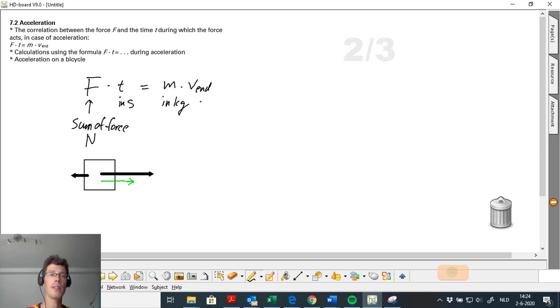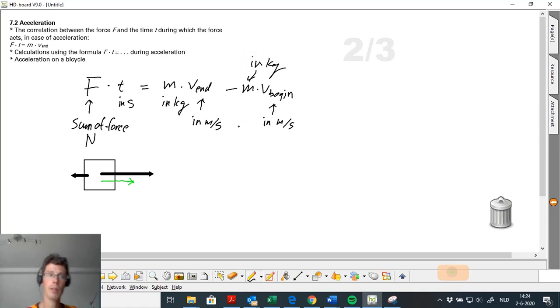That's the speed in the end after the push, measured in meters per second, minus m times v begin, also in meters per second, and of course also the mass in kilogram.